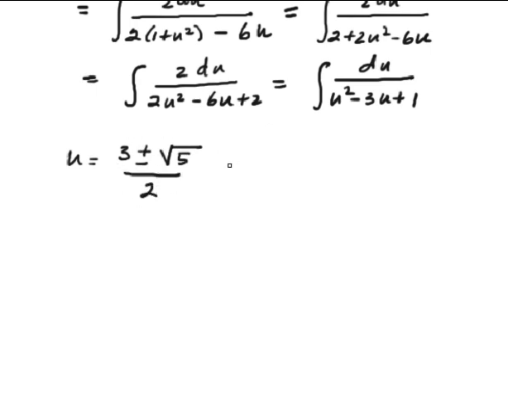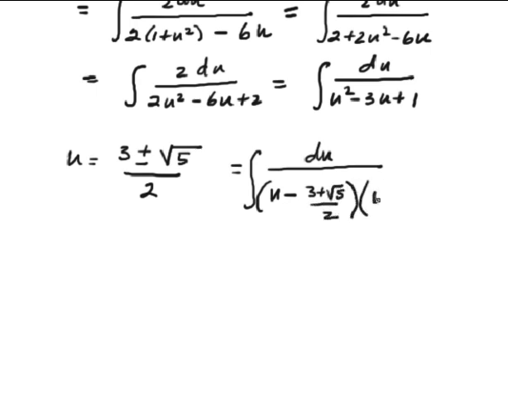So this actually factors over the reals, not over the rationals, but over the reals. So this is u minus (3 plus root 5)/2 times u minus (3 minus root 5)/2. And we use the method of partial fractions to break this up.